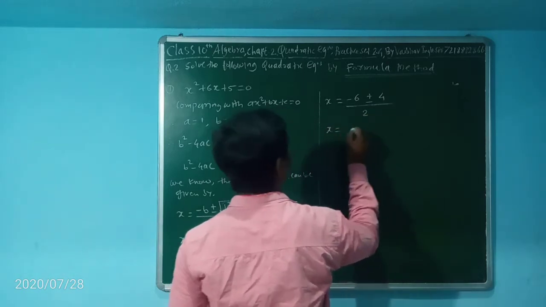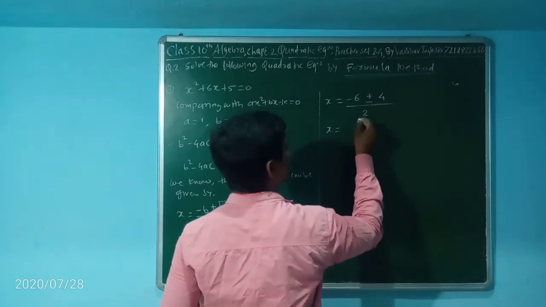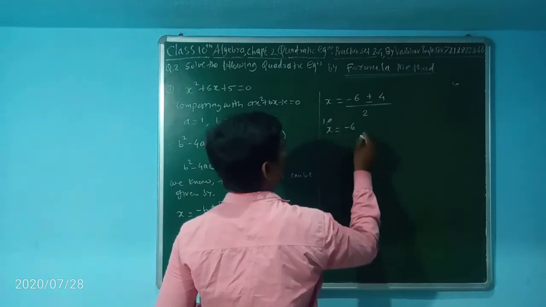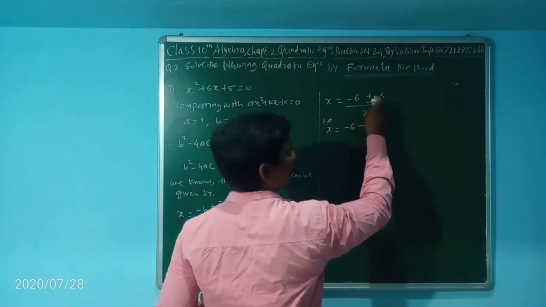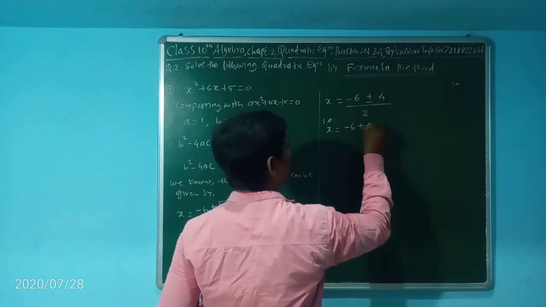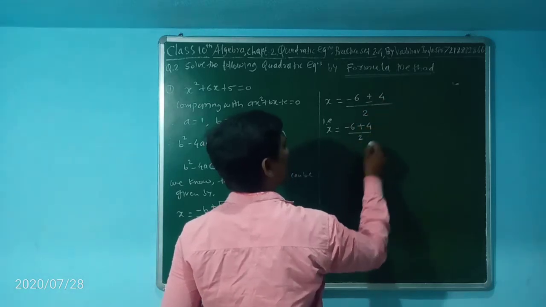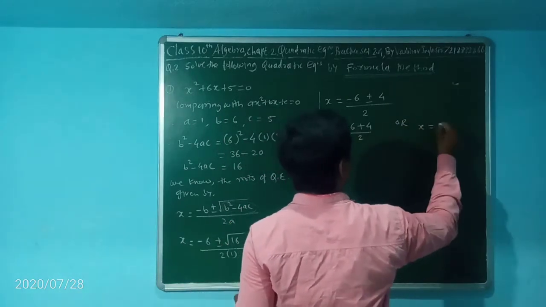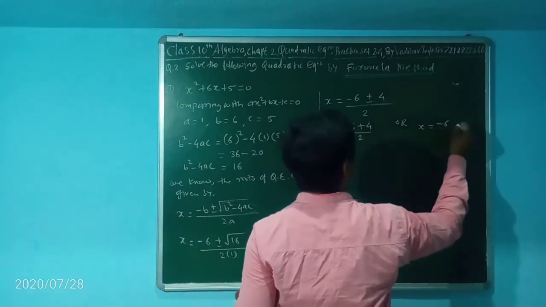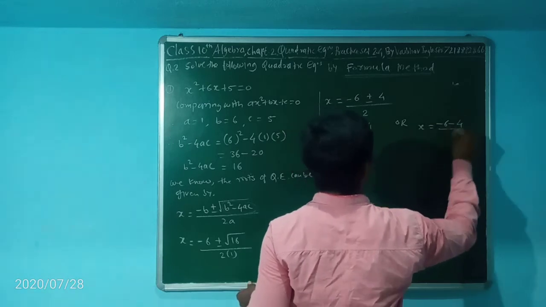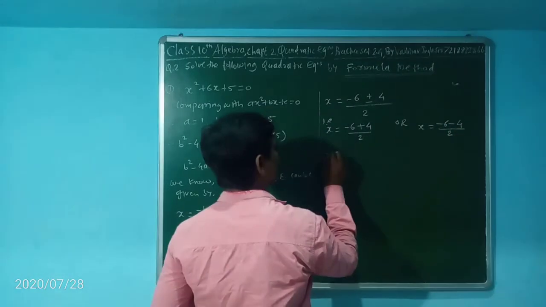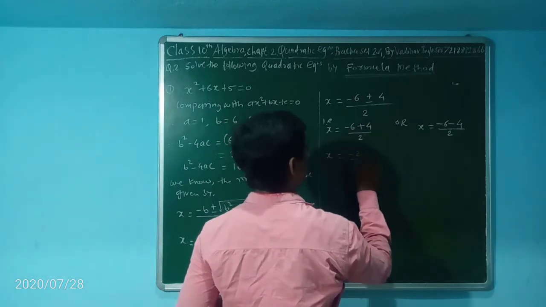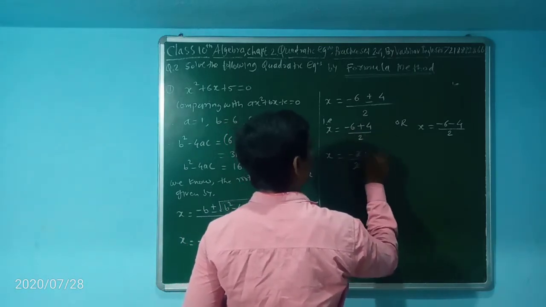So x equals to minus 6, once we will take the plus sign divided by 2, or x equals to minus 6 with the minus sign divided by 2. So x equals to minus 6 plus 4, that is minus 2 by 2, that is minus 1.